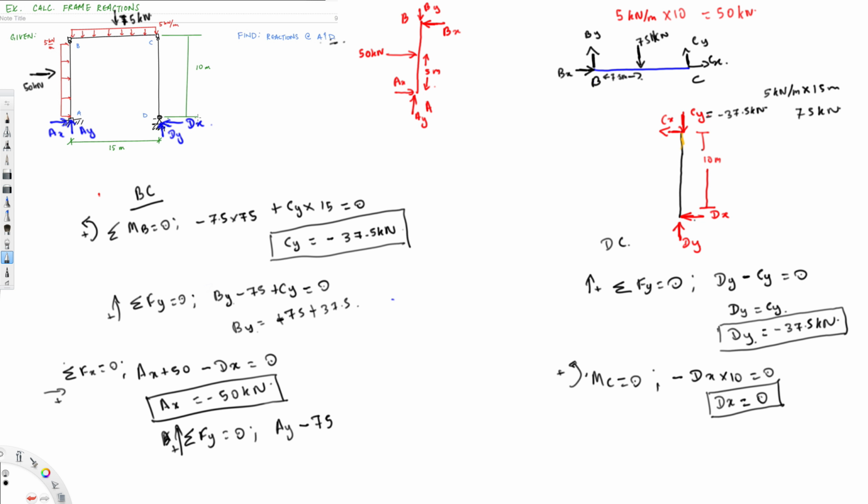Then we have Dy acting upside, so it's going to be positive Dy equal to 0. So Ay minus 75 plus Dy, which is minus 37.5, equal to 0.